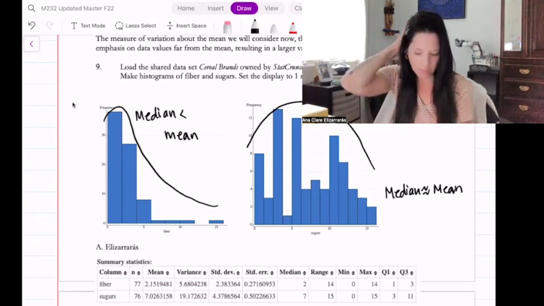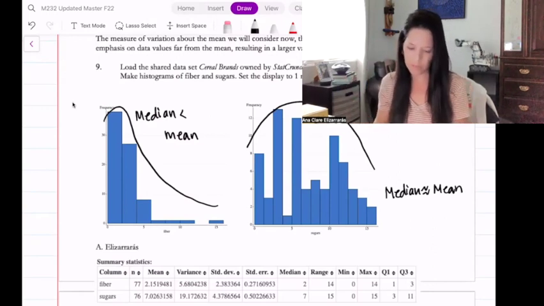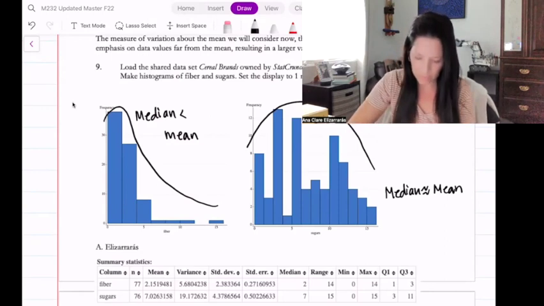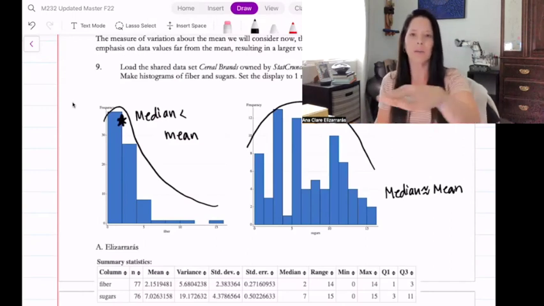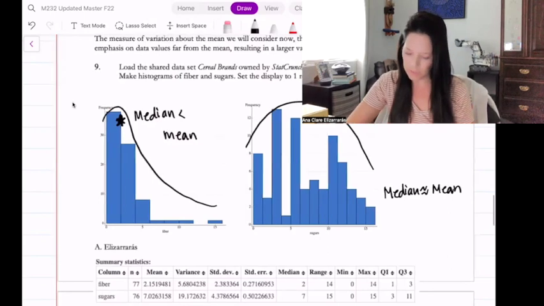I would estimate the mean of fiber to be right in probably this highest bar here, just because there's a lot of data there. I actually can see what the mean is in the summary statistics, but I would say for sugars, it would be right about in the middle here.